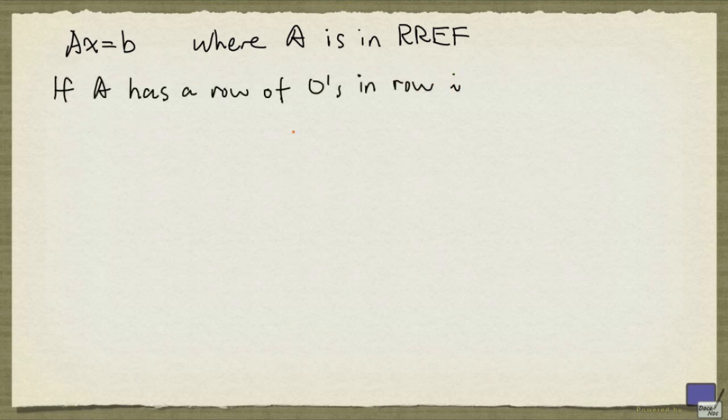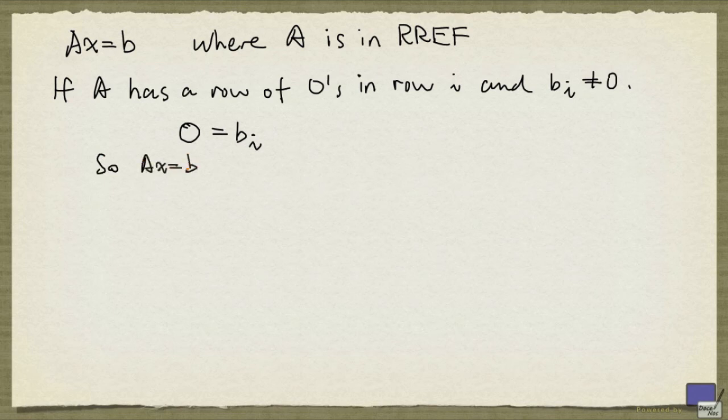Suppose that A has a row of zeros in row i, and bi is not 0. This means that in the system, we have an equation that says 0 = bi. But if bi is non-zero, this is not possible. So Ax = b has no solution in this case.